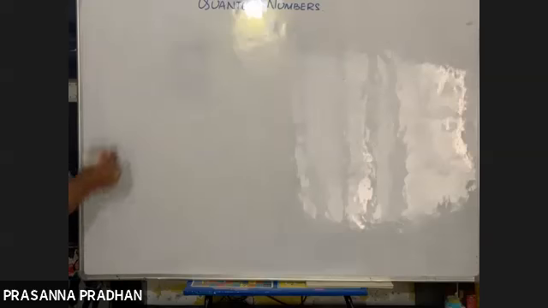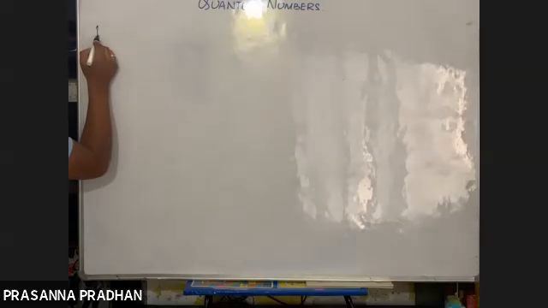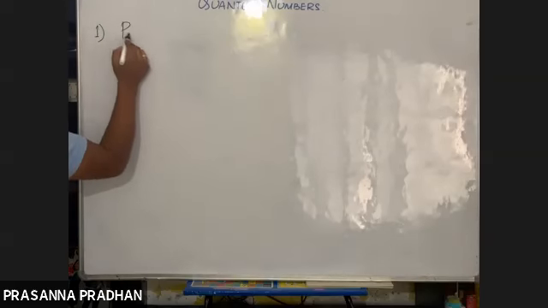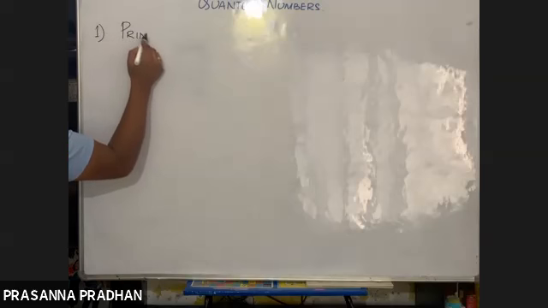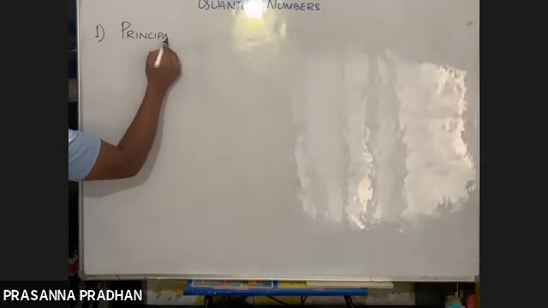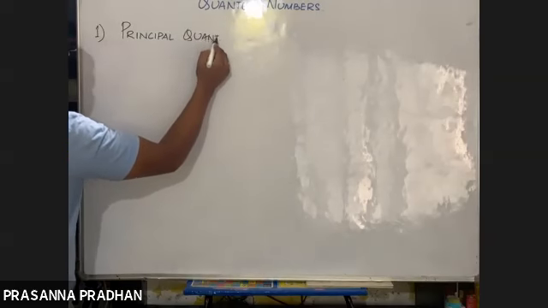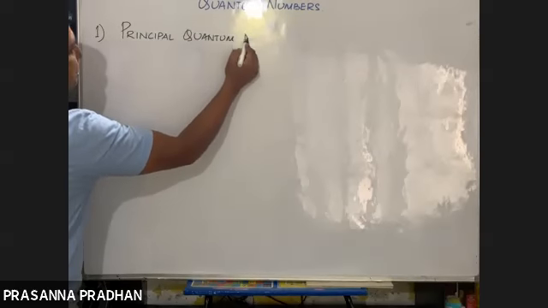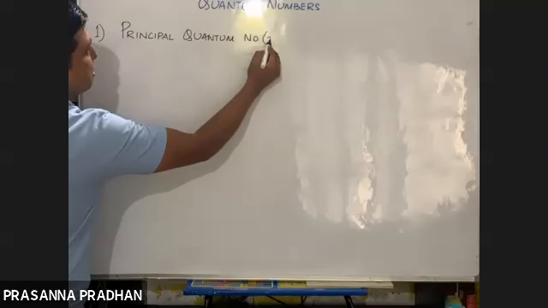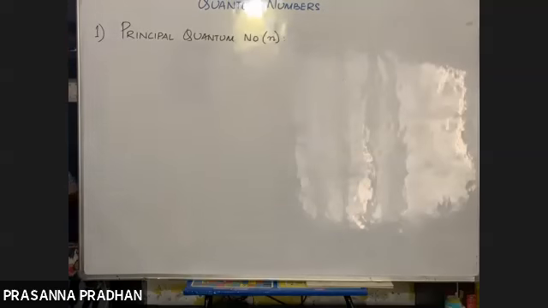So the first quantum number is known as the principal quantum number, which is denoted by small n.